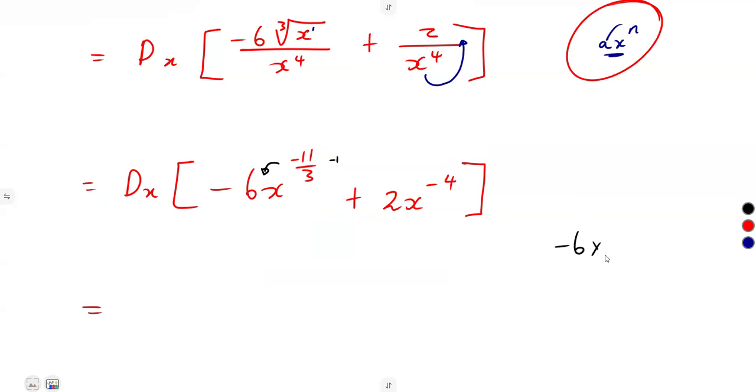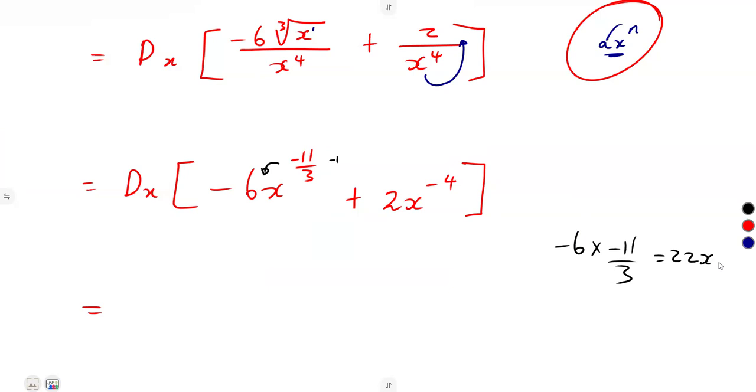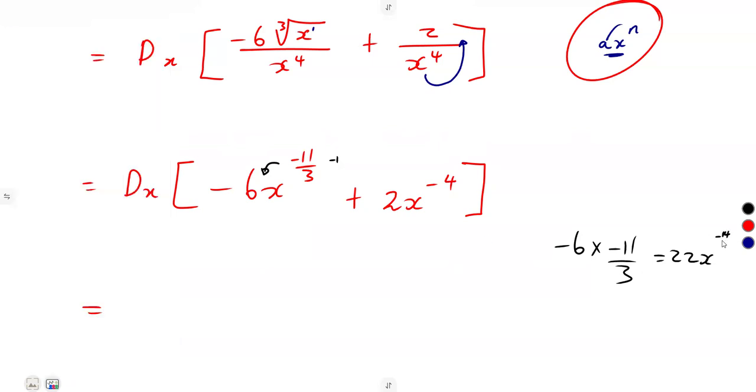So that's minus 6 times minus 11 over 3, our power. Minus 6 times minus 11 over 3 is going to give us 22. So that's 22x to the exponent. We subtract 1 on our power. So that's minus 11 over 3, then we subtract 1 on our power like this. It's going to be minus 14 over 3.